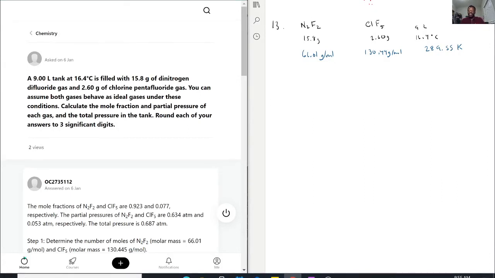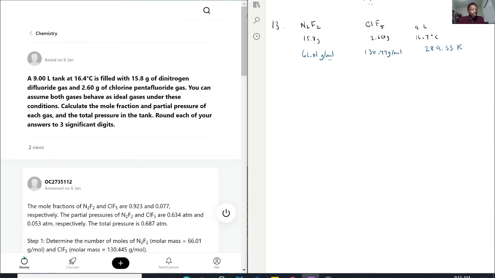Okay, so now we're going to find the amount of moles. That's why it's important to always have units, because in order to convert this from grams to moles, we divide by the molar mass, so that way the moles would be at the numerator and the grams get canceled out.